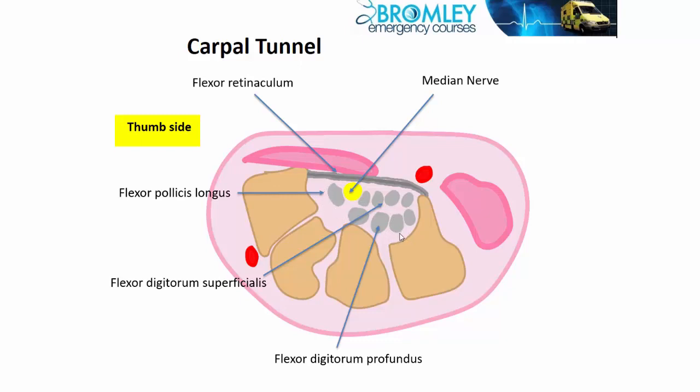And this produces pressure on the median nerve and causes dysfunction in the median nerve sensory supply. And so it causes dysfunction in the index finger and middle finger and part of the ring finger. So that's carpal tunnel syndrome. If it's very severe, it can also affect the motor function of the median nerve, which we'll come to, which is primarily the thenar eminence and the lateral 2 lumbricals.